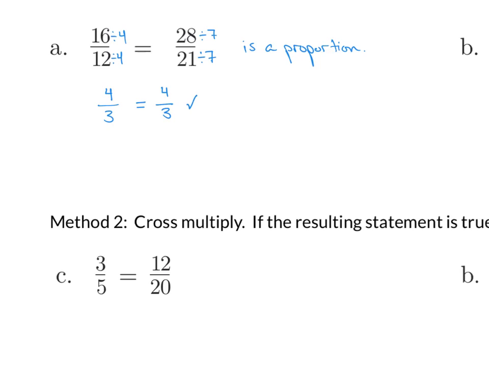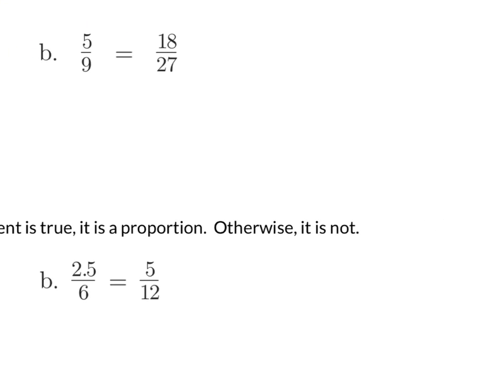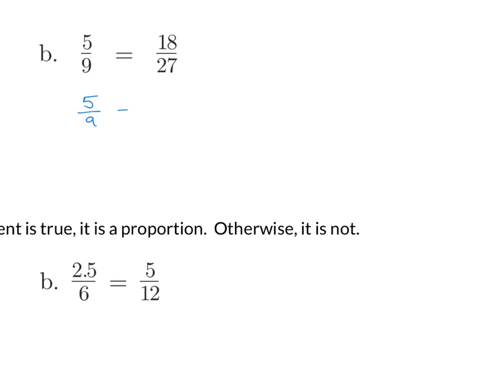All right, let's look at one more example. We have 5 over 9 equals 18 over 27. 5 over 9, this fraction is already in lowest terms, so we will go ahead and leave it the same. 18 over 27, I can divide by 9.